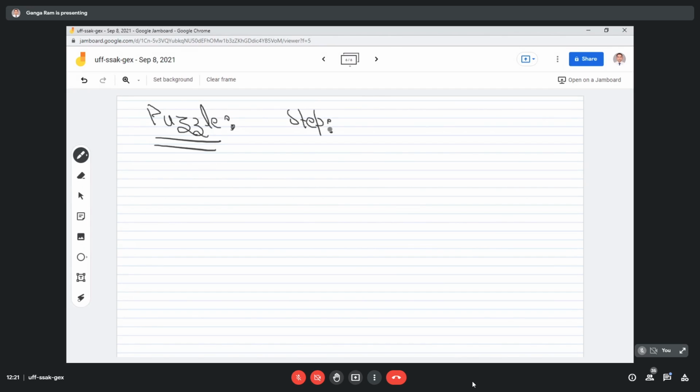So what is the first step? In the first step, the problem which we are taking, we have to convert this problem into a graph theory problem.